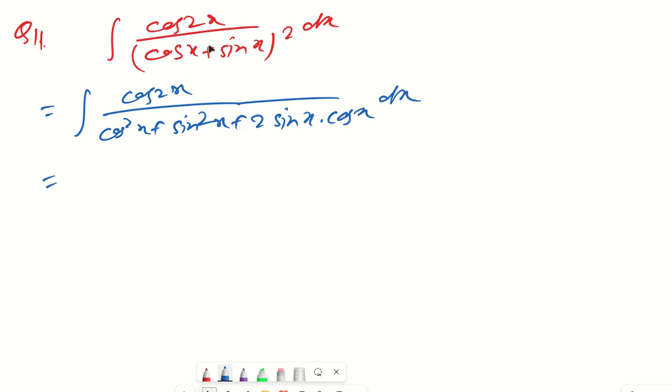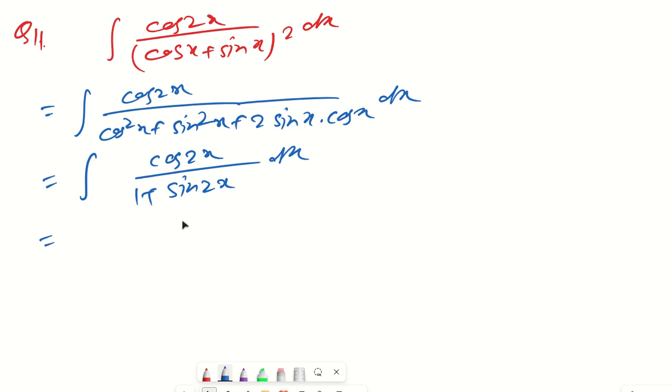It is just like a square plus b square plus 2ab. Now we know already that cos square x plus sin square x is 1, so we can write cos 2x divided by 1 plus 2 sin x cos x, which is nothing but sin 2x. So now we have cos 2x by 1 plus sin 2x.